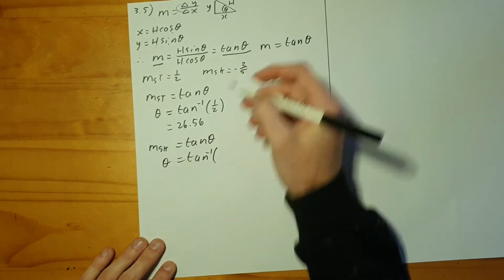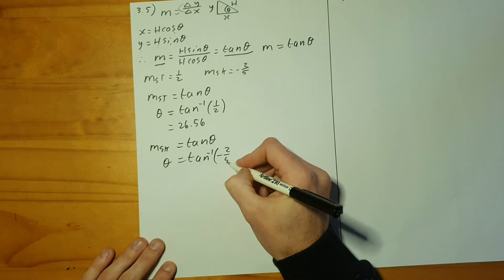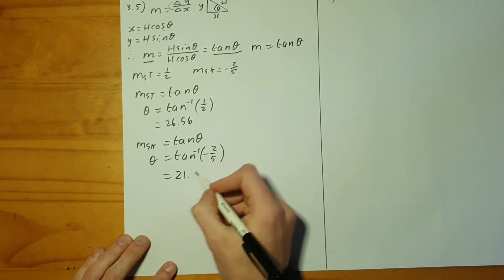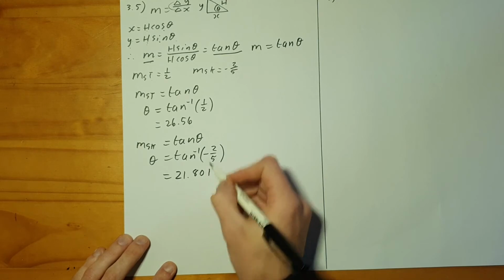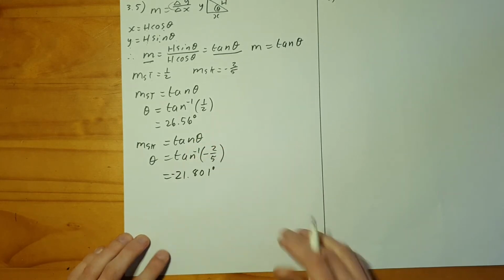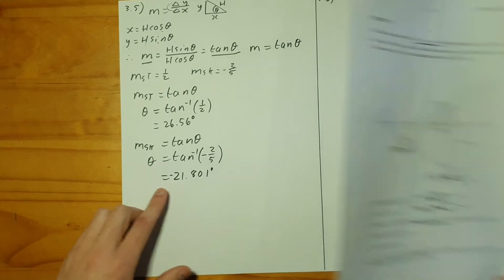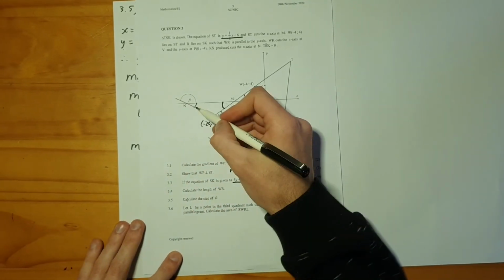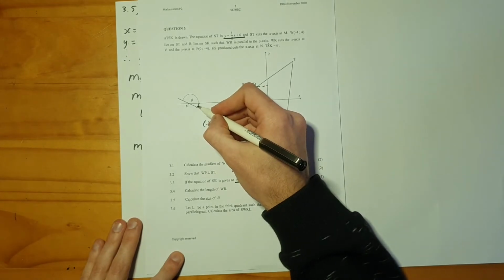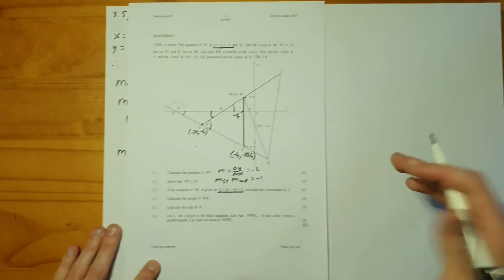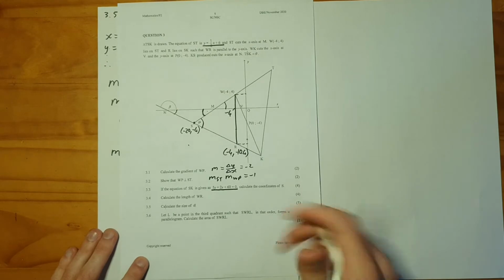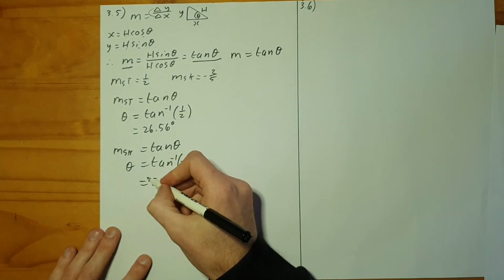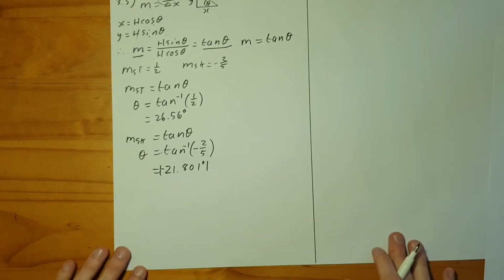Now we're going to substitute the gradient in, and that should give you a value of 21.801 degrees. Please note that it's a negative angle. Why? Because we're below the x-axis over here. Even though it's a negative angle, we're going to take the magnitude of that angle, so we're going to take the absolute value of it when calculating theta.